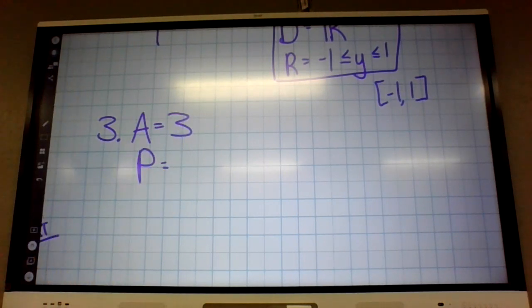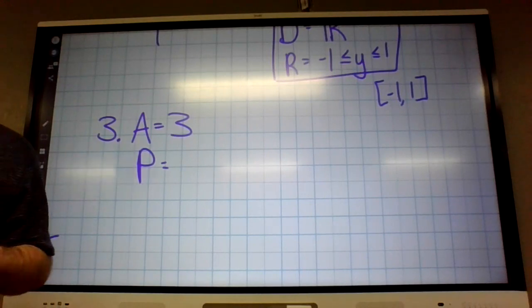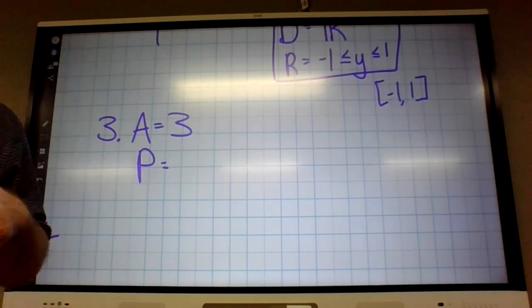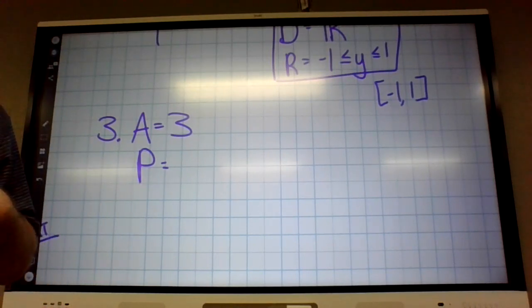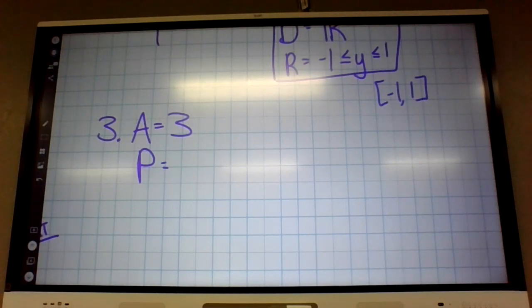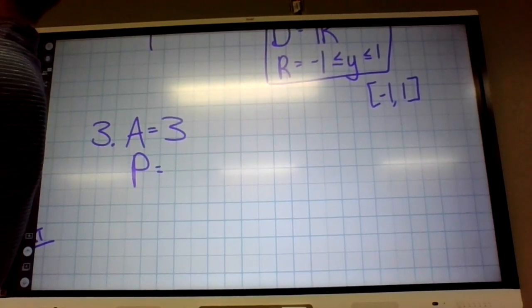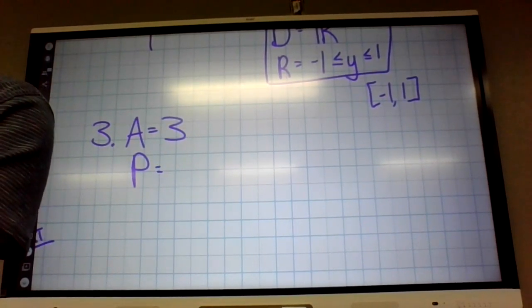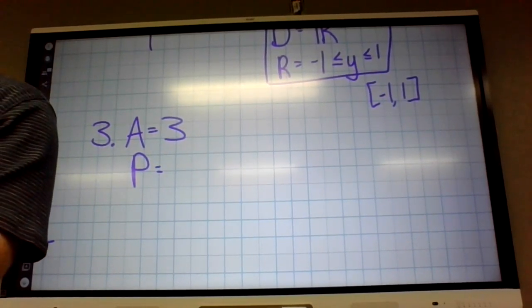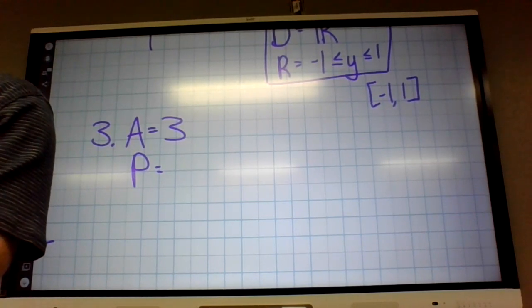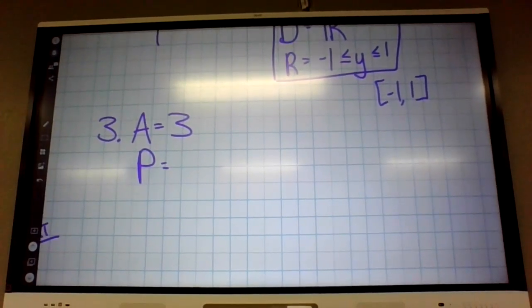Slightly harder question. What is the period? How far does it go before it starts repeating itself? Okay, 2 pi. Did they color that a different color? Yeah, they did. Oh, maybe they just did it in my book.